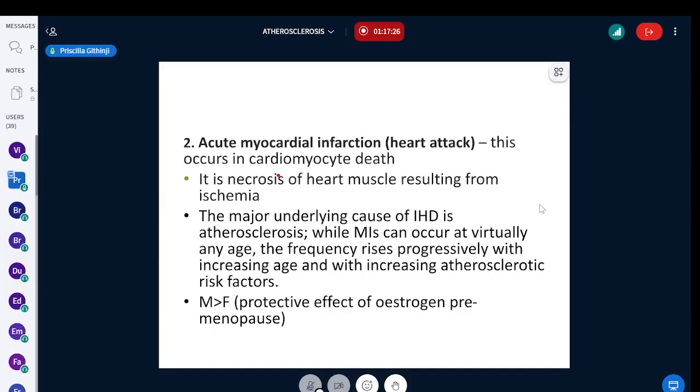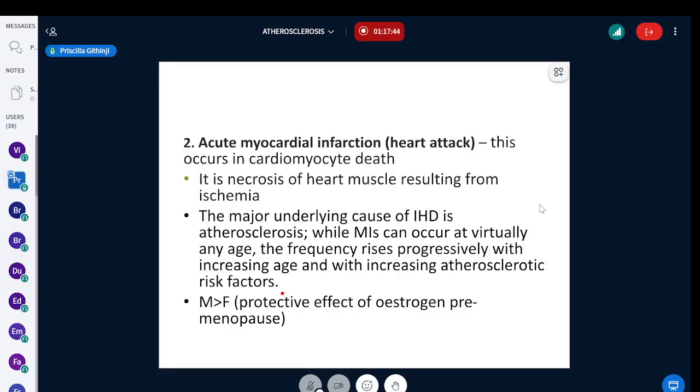But now when you enter into acute myocardial infarction, you actually have ischemia that has led to cardiomyocyte death. So acute myocardial infarction is necrosis of heart muscle resulting from ischemia.